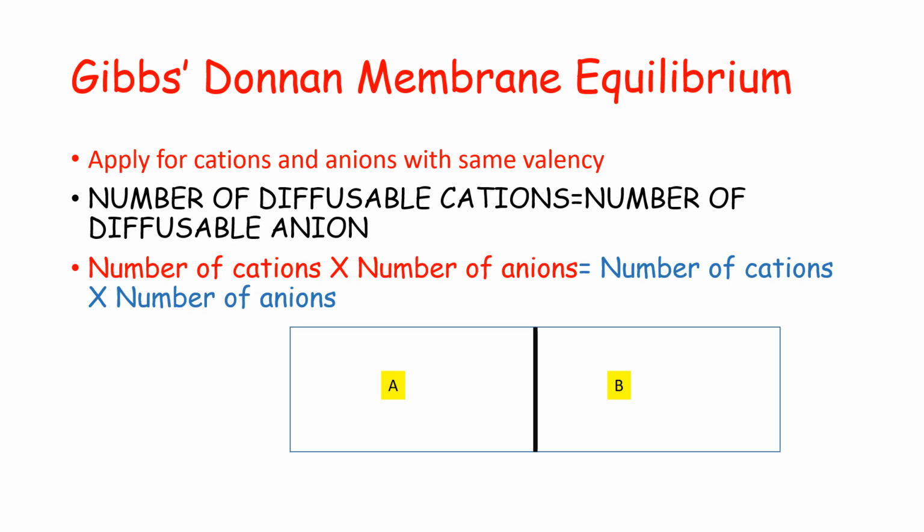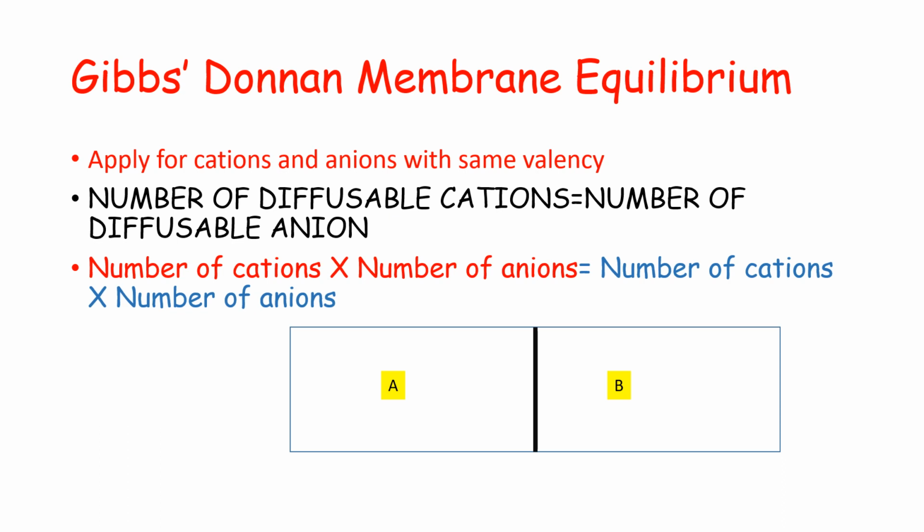Let us try to understand this Donnan membrane equilibrium with the help of this example, in which a cell membrane is separating two chambers, chamber A and chamber B. In chamber A, we have a number of cations and a number of anions. According to the Donnan membrane equilibrium, the number of cations and anions will be equal.